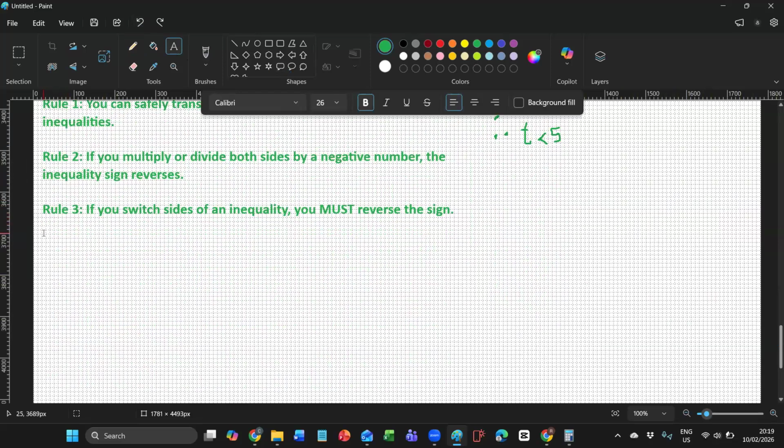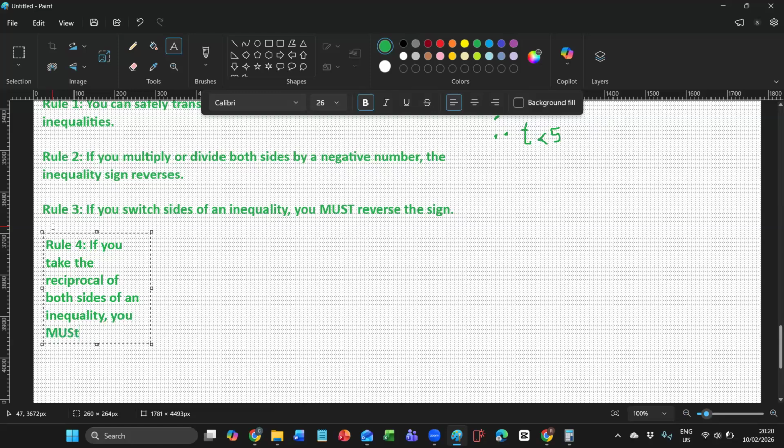Rule 4 says, if you take the reciprocal of both sides of an inequality, you must reverse the sign.